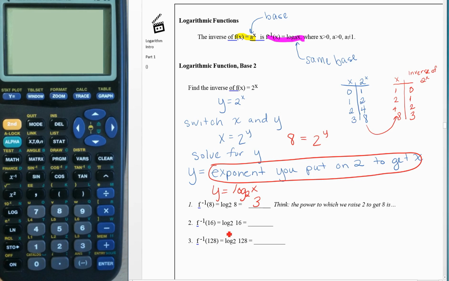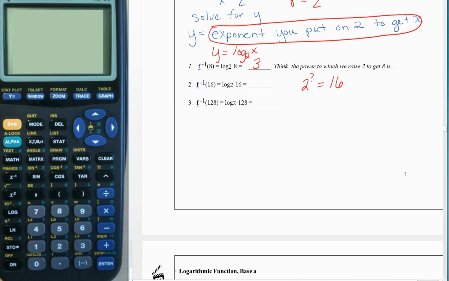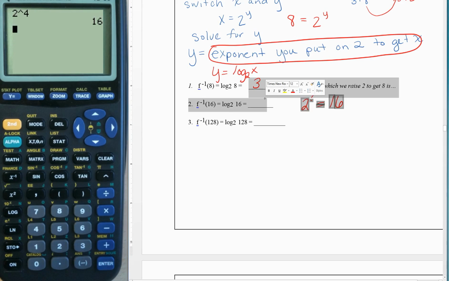So here, if we want log base 2 of 16, we're saying, what exponent do you put on 2 to get 16? Okay, and if you need to play around a little bit on your calculator, you could. We already know that 2 cubed is 8. If we multiply that by another power of 2, so that'd be 2 to the 4th, we get 16. So this answer would be 4.